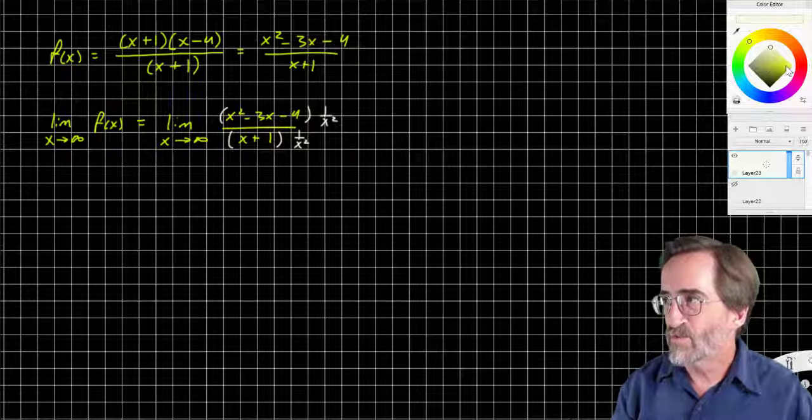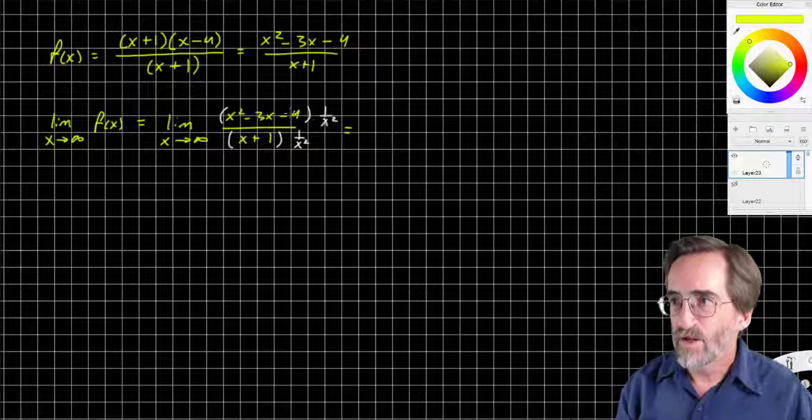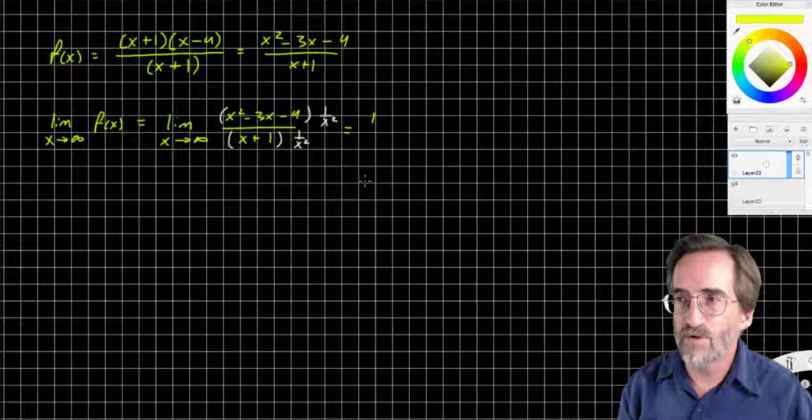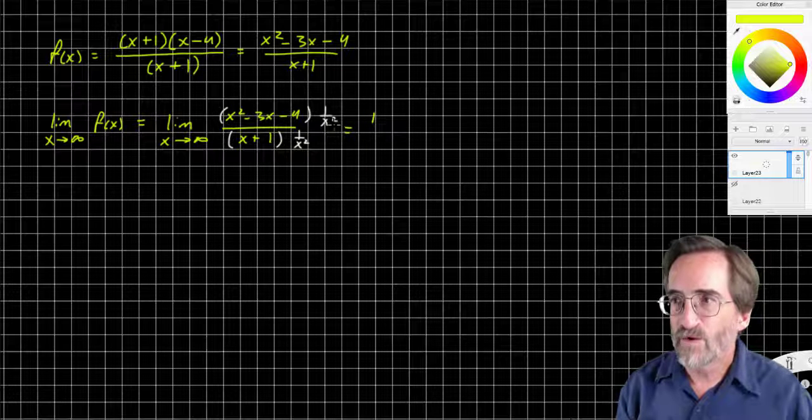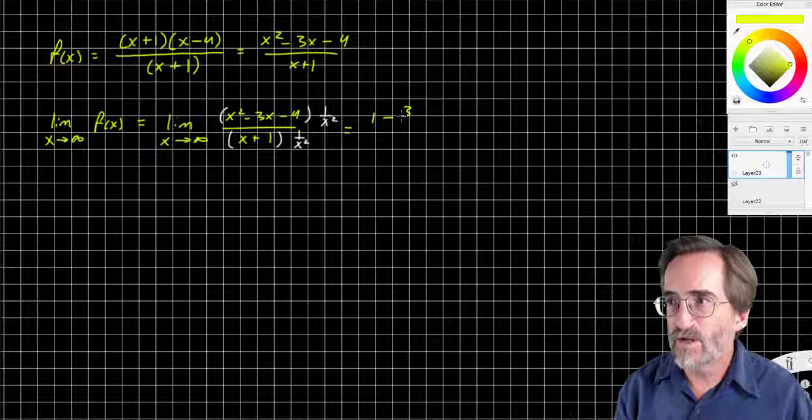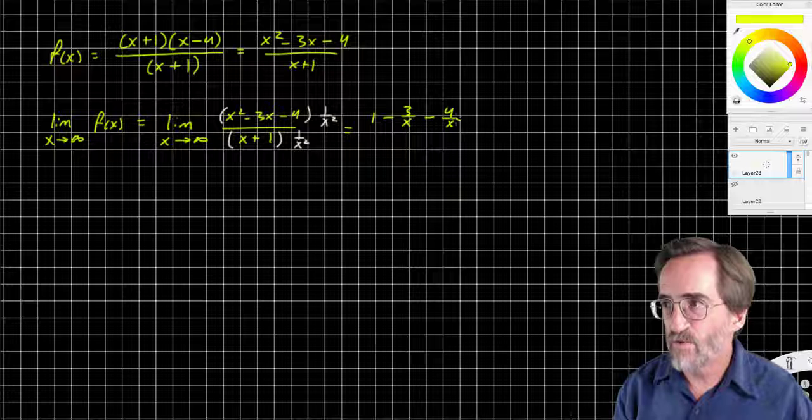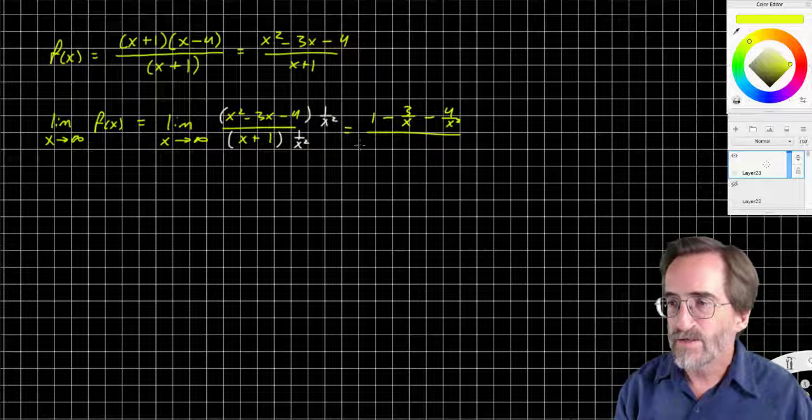Watch what happens when I do this. x squared times 1 over x squared is 1. We eliminate the x squared altogether. 3x times 1 over x squared is minus 3 over x. Okay? Negative 4 times 1 over x squared is minus 4 over x squared. And x times 1 over x squared is 1 over x.